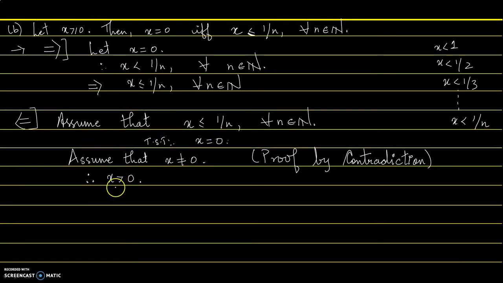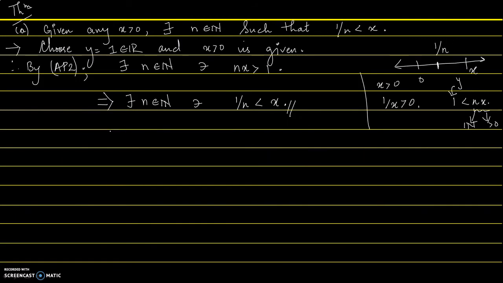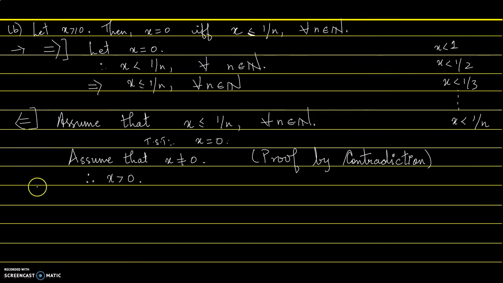And if I look at the previous result, it says if I take any positive real number x, then there exists a natural number n such that 1 upon n is less than x. So I can apply this result here.